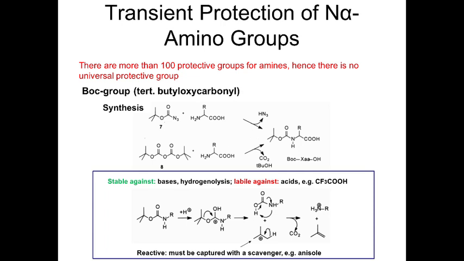So first, the carbonyl group within the carbamate structure is protonated. That leads to the formation of a tert-butyl cation, and it forms the carbamic acid structure shown on the top in the reaction scheme.